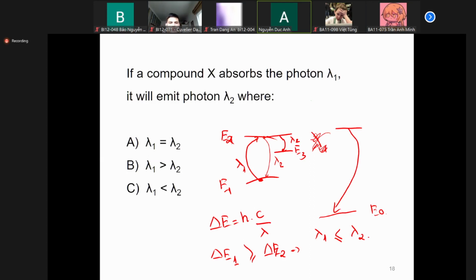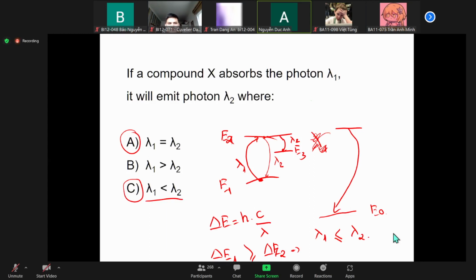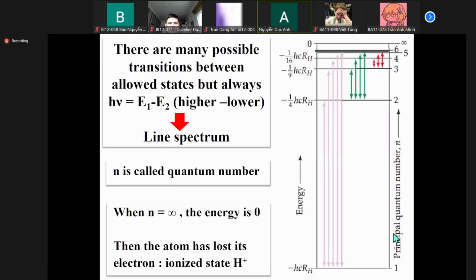Do you get it? Delta E1 is bigger than delta E2, so lambda 1 should be smaller than lambda 2. If we consider that E2 cannot be the same as E1, so lambda 2 cannot be the same as lambda 1, then lambda 1 must be smaller than lambda 2. Do you get that?